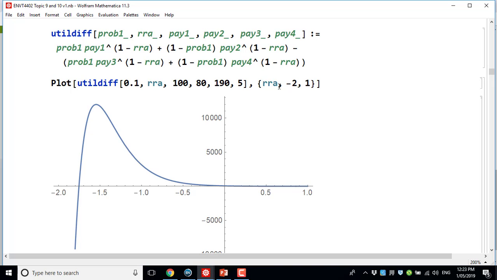But as they become more and more risk averse, they would prefer to select which option? Option A, which is the safer option. And we can see it because the difference is positive now.